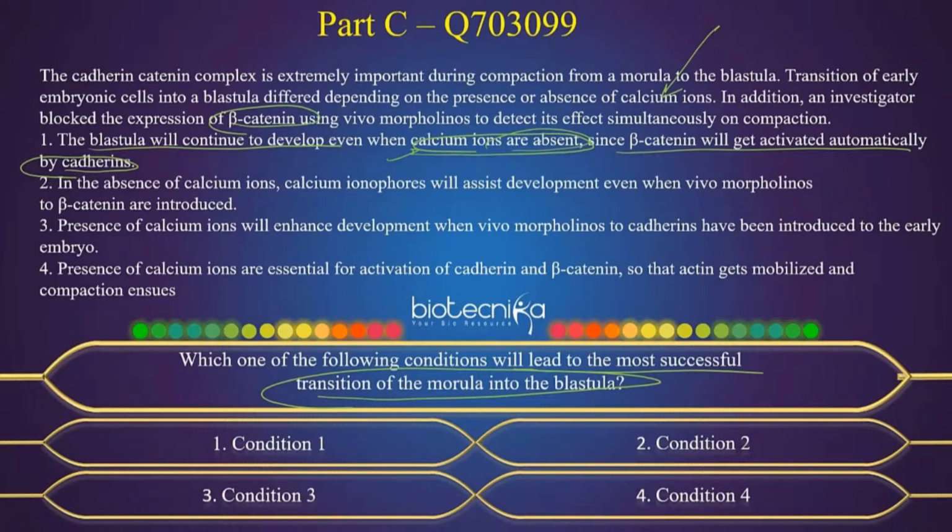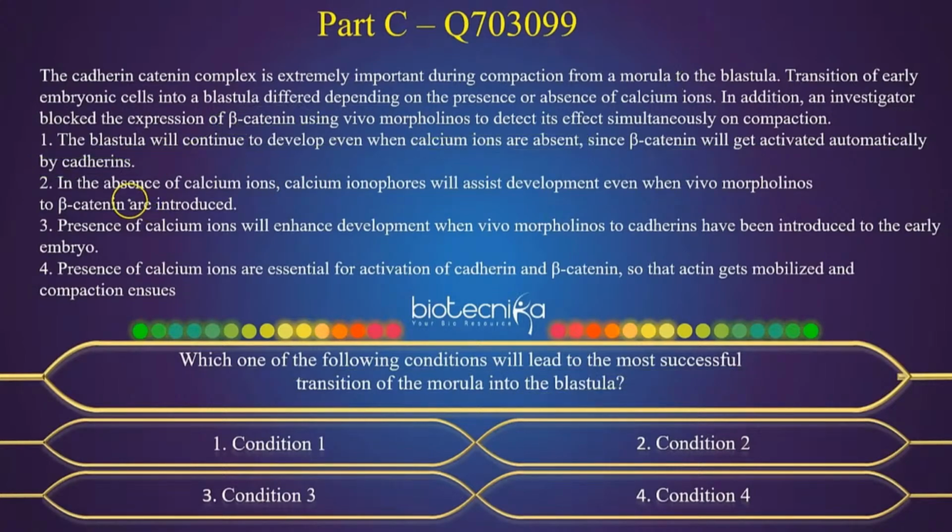Cadherins will not join if calcium is absent. And if you are blocking the expression of beta-catenin using in vivo morpholinos, then how can it get activated automatically by cadherin? So that is not correct.